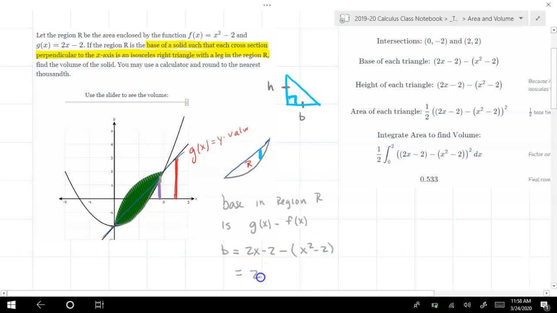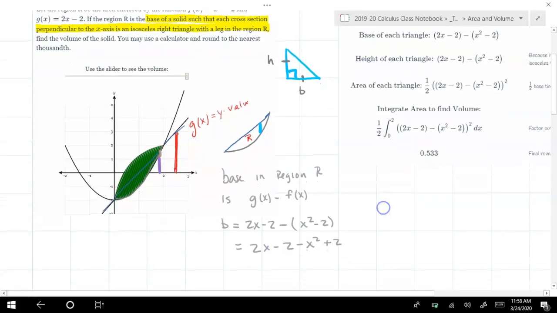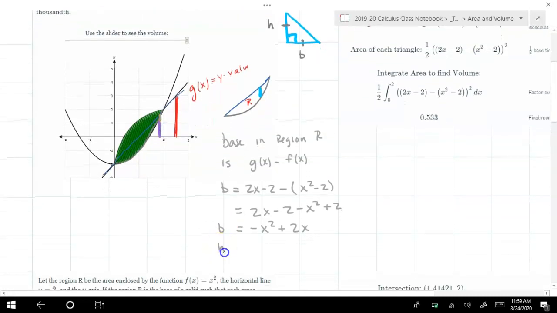My base is negative x squared plus 2x. And since it's an isosceles right triangle, this is also the height.